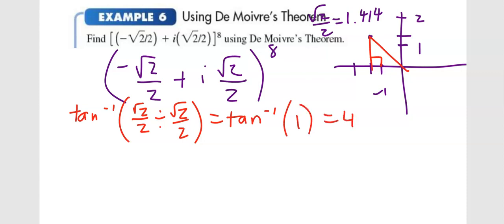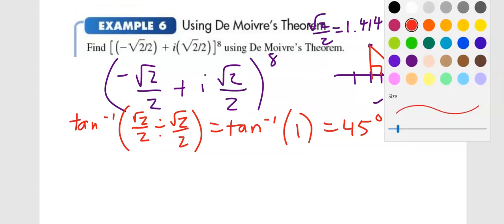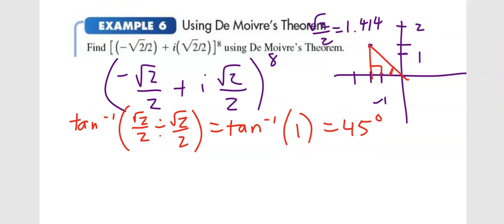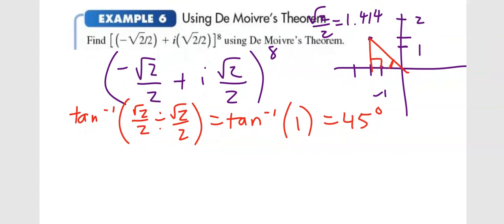And we should all be able to tell that that's a 45-degree angle inside here. But to use DeMoivre's theorem, I'm going to have to find this angle right here. Well, if inside the triangle it's 45, then this has to be 135. That makes sense.